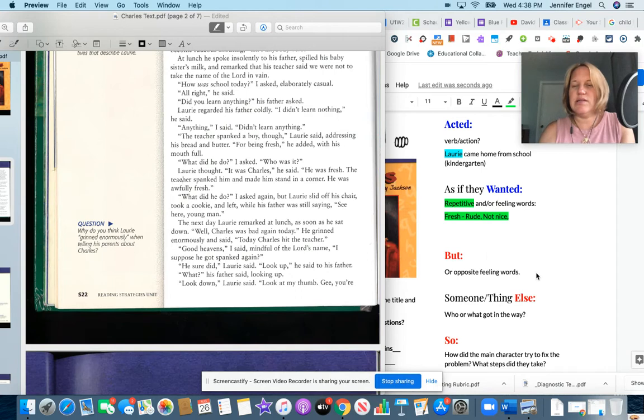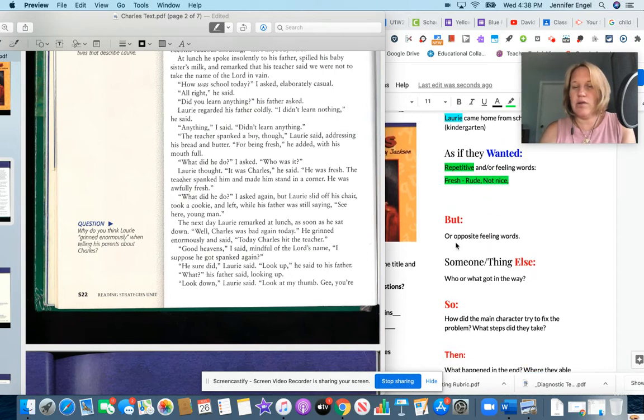So now we're going to see if there's any but words or if there's any opposite feeling words. In addition, we're going to go back and look at the question that they have here. Why do you think Lori grinned enormously when telling his parents about Charles? So go ahead, put in your own little words or what you think.